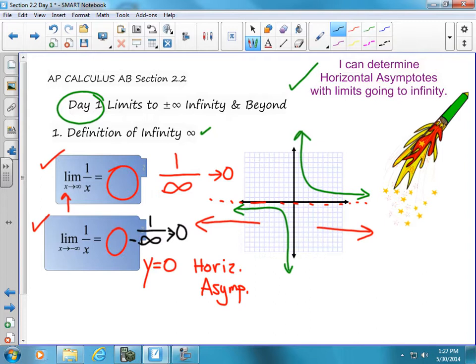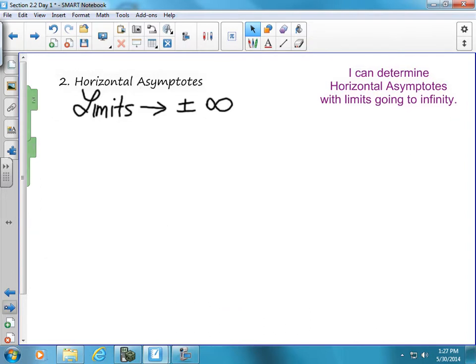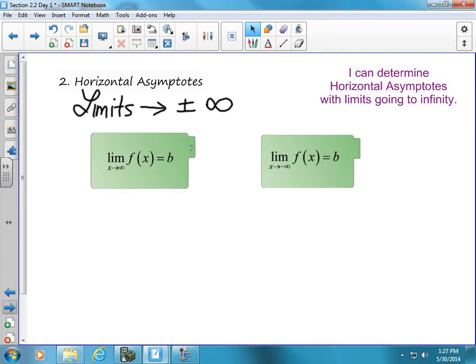going towards 0. Okay, let's take a look at horizontal asymptotes, and these are the definitions of a horizontal asymptote. Limits going to plus or minus infinity. This limit, as x goes to positive infinity, if it equals a number b, then y equals b is the horizontal asymptote.